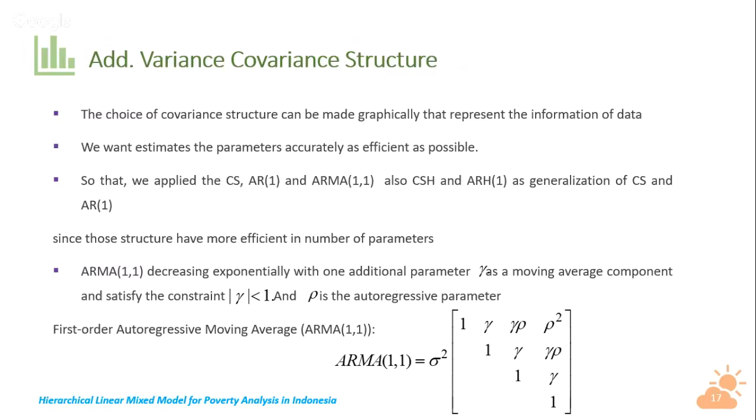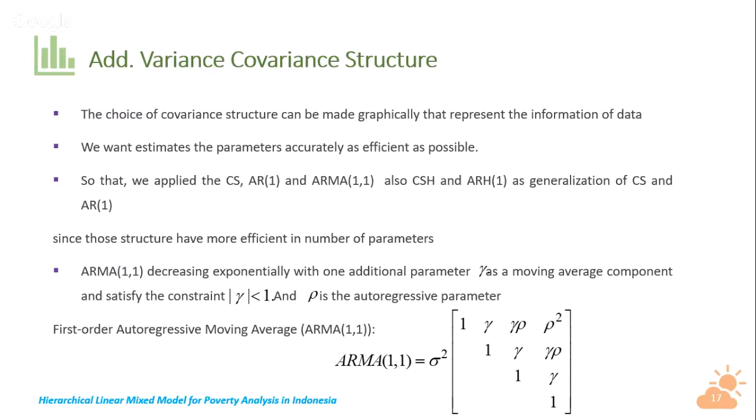Why do we use the five covariance structures? We have justification that these structures are more efficient in the number of parameters, and from the simulation study, the heterogeneous first order autoregressive can also be an alternative. So we put the heterogeneous first order autoregressive as the alternative.